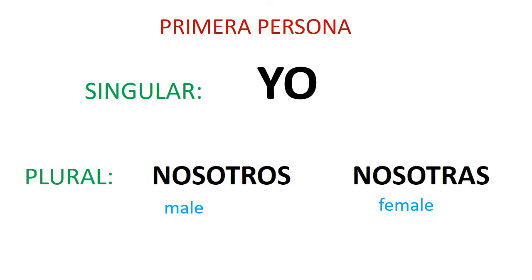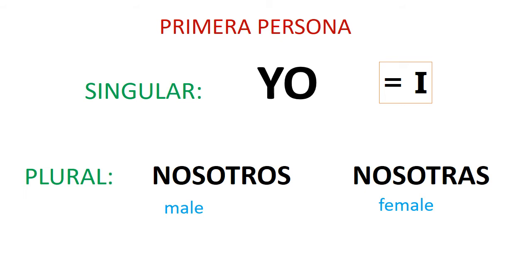First person singular, yo, whose English equivalent would be I. So yo means I. Yo como, yo corro, yo comí, yo corrí. I eat, I run, I ate, I ran. Yo. And now the plural.